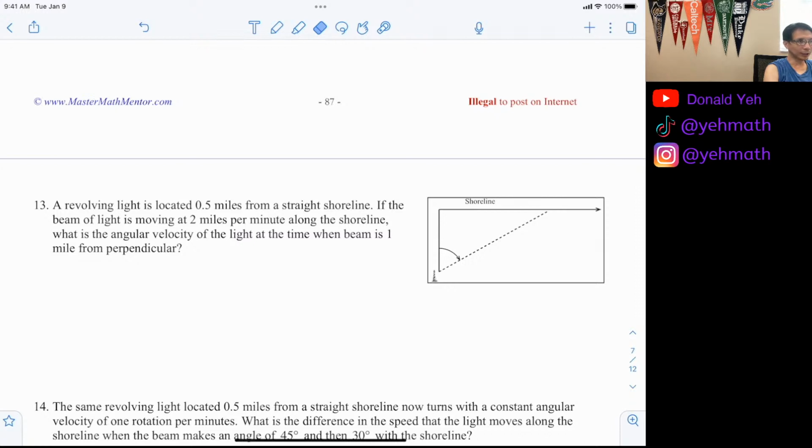Okay, so 13. Hopefully you got 4 or 5. If you got 4 or 5, you're excellent. Set up the right trig identity.